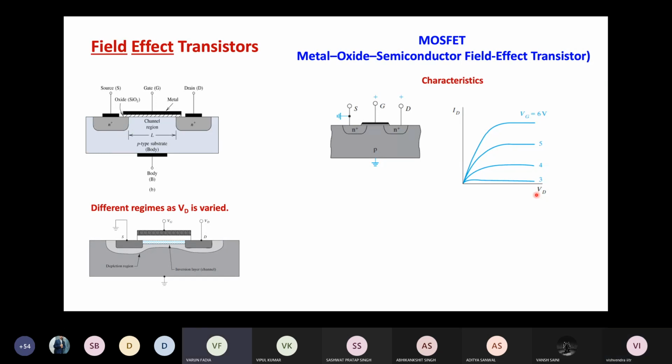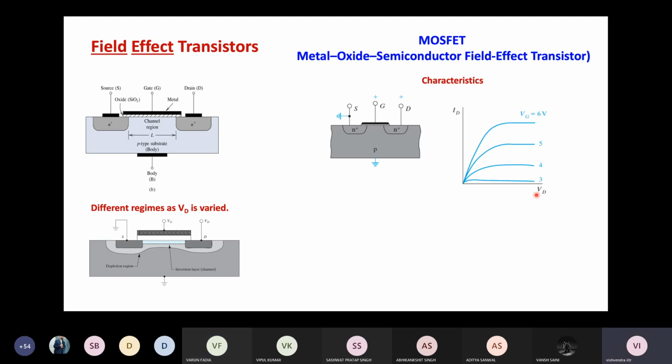What happens is that when Vg is constant, like 5 volts, it attracts some of the electrons. When Vd keeps on increasing, the electrons present in that region become constant, so that Id also becomes constant.